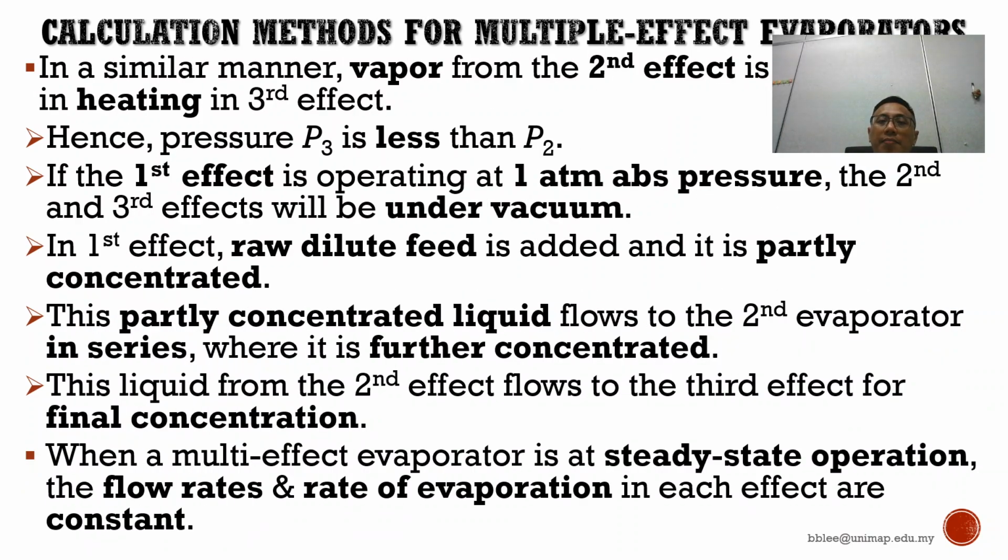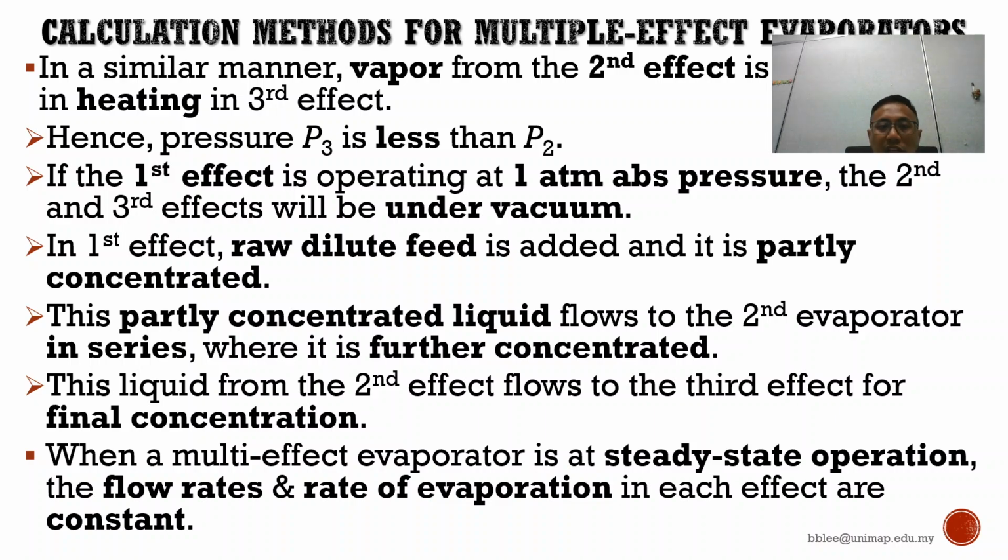In a similar manner, the vapor from the second effect is condensed and used for heating in the third effect. Hence, the pressure P3 is less than P2. If the first effect is operating at 1 atmosphere absolute pressure, the second and third effects will be under vacuum. The raw dilute feed is added to the first effect and is partially concentrated.